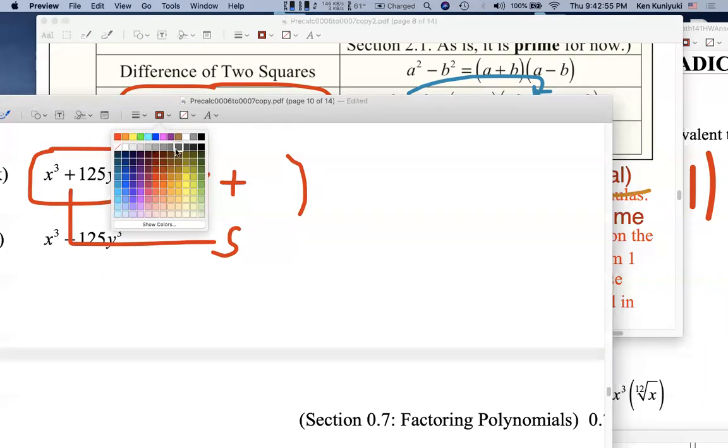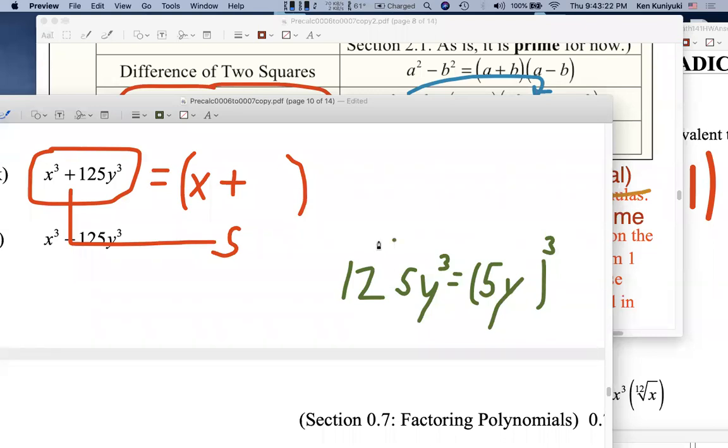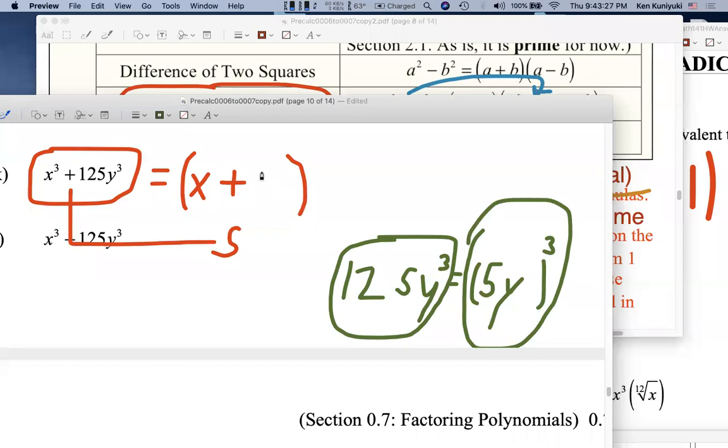You might want this as side work. 125 is the cube of 5. You should recognize that. Y cubed is the cube of y. So you agree 125y cubed is the cube of 5y, and that's what goes over here.